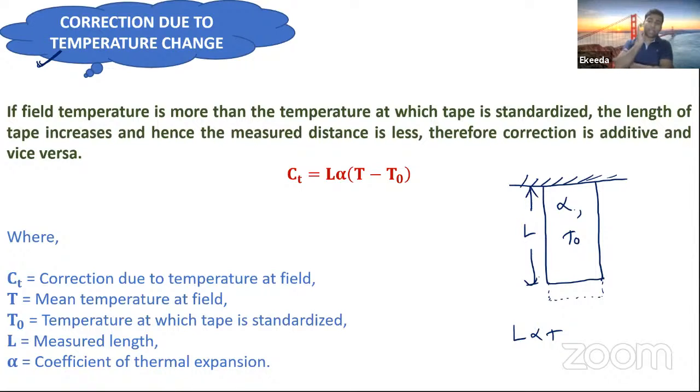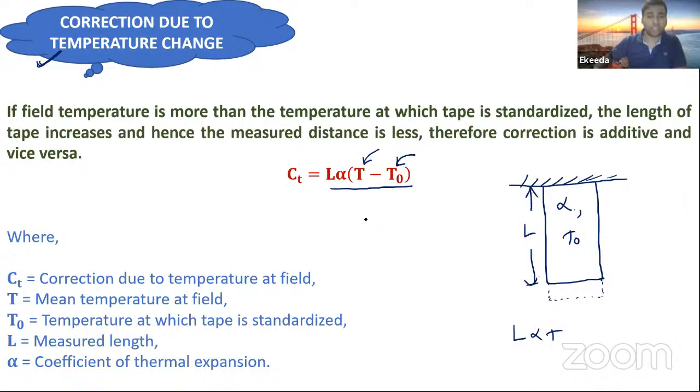But when the temperature increases above 25 degrees Celsius, suppose the temperature is 27 degrees Celsius, then there will be a change in length of the tape due to the 2 degrees Celsius difference of temperature. That's why we kept here the formula as L alpha (T minus T naught), where T naught is the temperature for which the tape is designed, that is the standard temperature, and T is the temperature during the measurement.